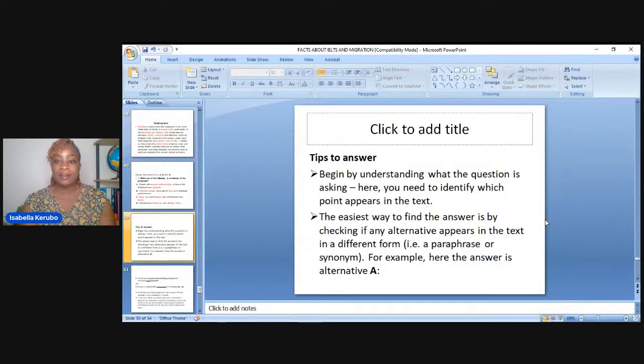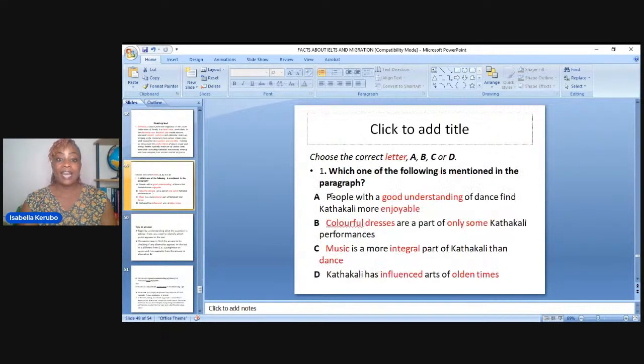So not to worry if that is where you fall, if your collection of vocabulary is not so detailed, then I will give you the second option, the second way that you can find the answers. All right. So let's look at the first option. Of course, going back to the question, I just want to mention the correct answer to this question is A. All right. Which of the following is mentioned in the paragraph?